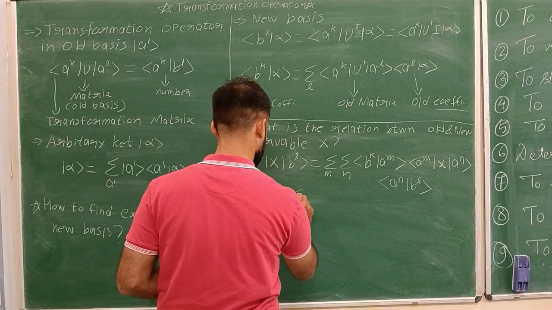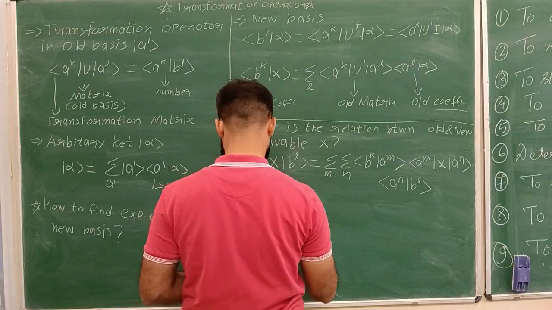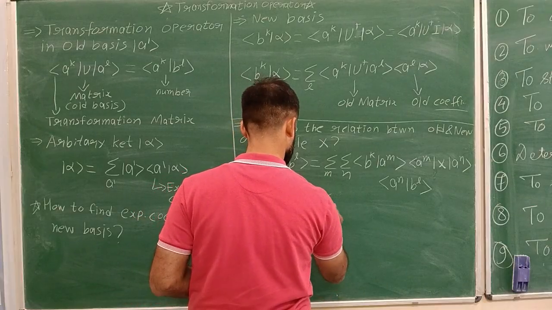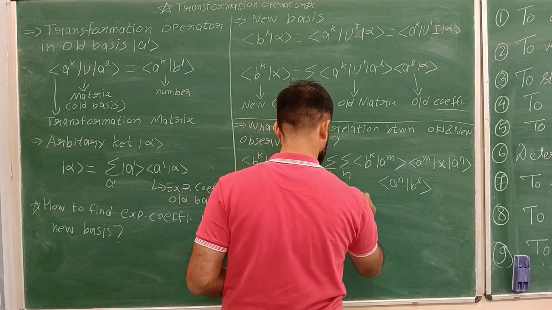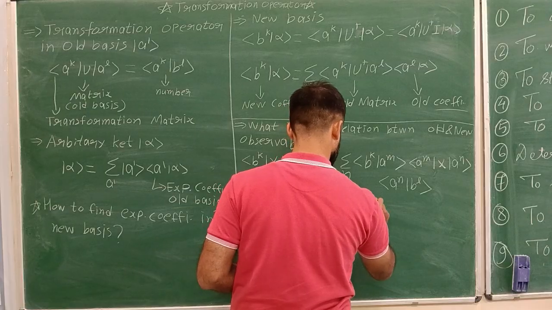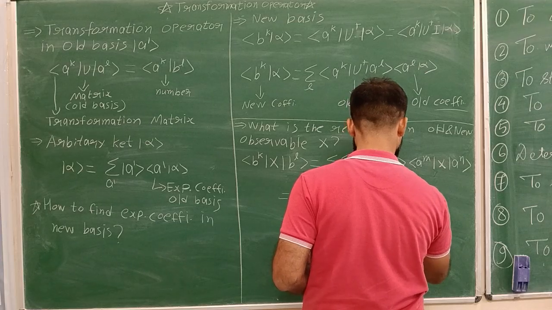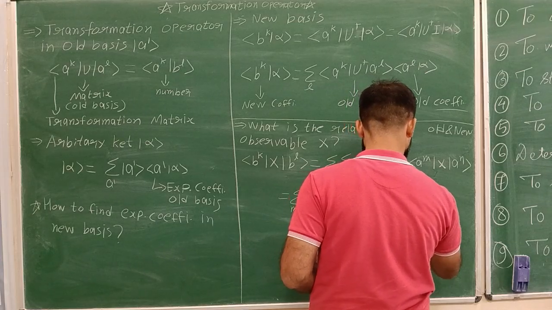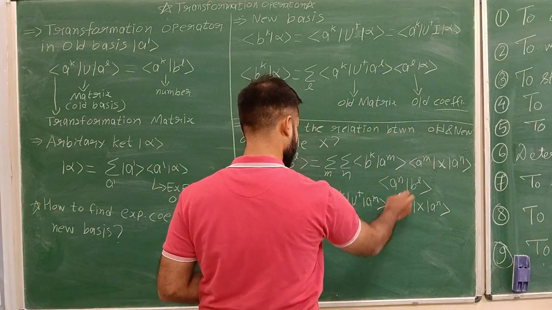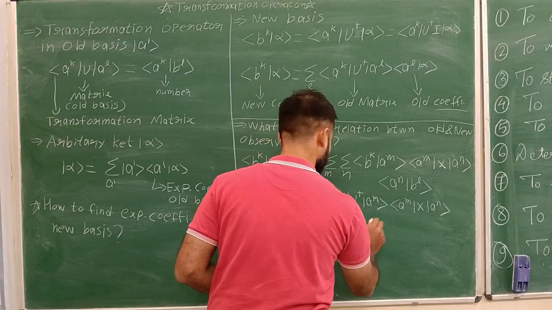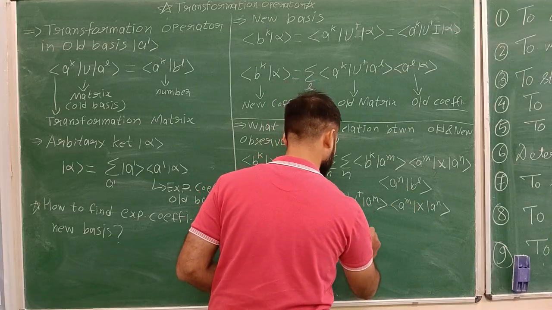So we use that. Multiply U on some A_l and I get B_m.